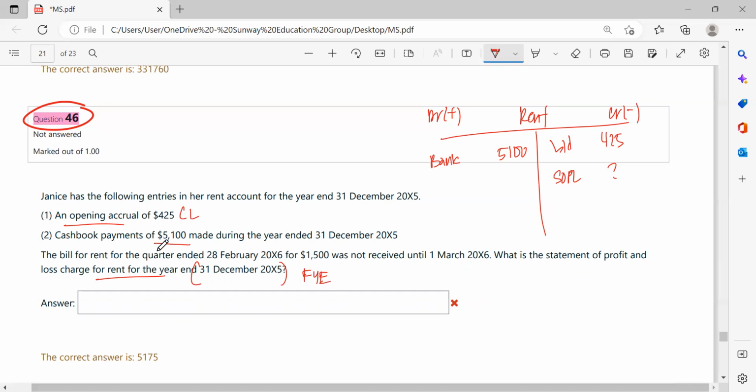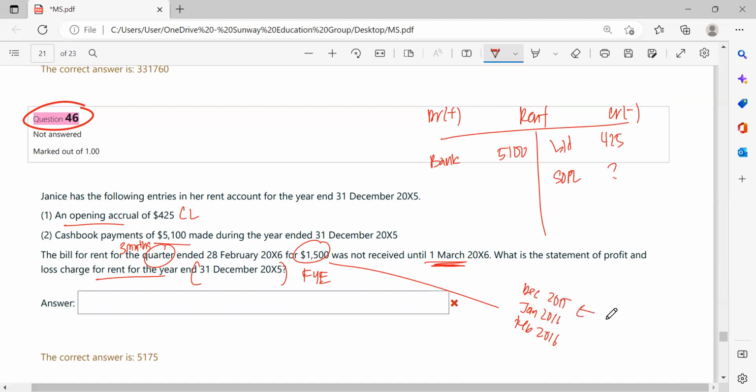But the bill for rent for the quarter, meaning 3 months, ended 28th February 2016, 1,500, not received until 1st March. So this bill of 1,500 actually included February 2016, January 2016, and December 2015.